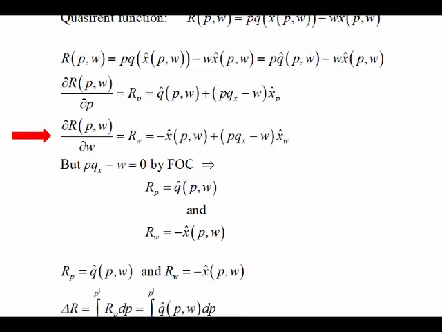In the same way, we can take the derivative with respect to the input price, giving us R_W, which is simply minus X hat of (P, W) minus (PQ'(X) minus W), the same expression we had above, this time with the input demand function with respect to the input price.